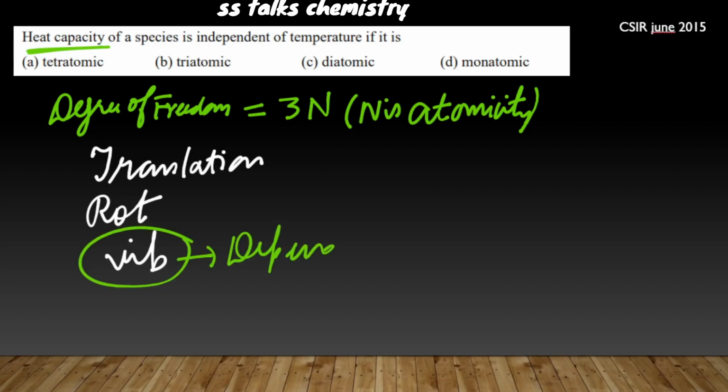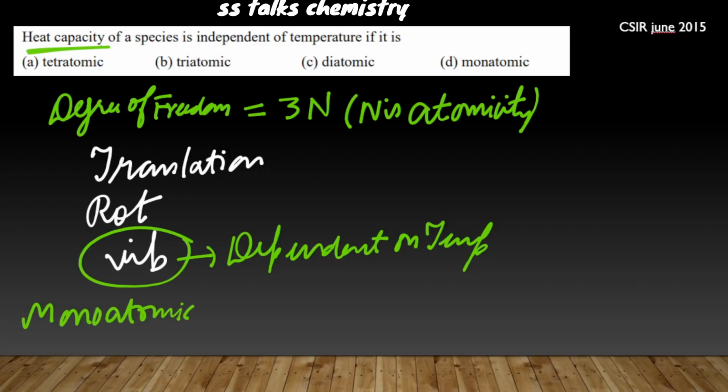Its contribution is seen only when the temperature is high. If I talk about the monatomic gases firstly, the n value is going to be 1 only. So total degrees of freedom we are having is 3 only. So these 3 degrees of freedom are going to be translational degrees of freedom only. That means no contribution of the vibrational or the rotational degrees of freedom, right?